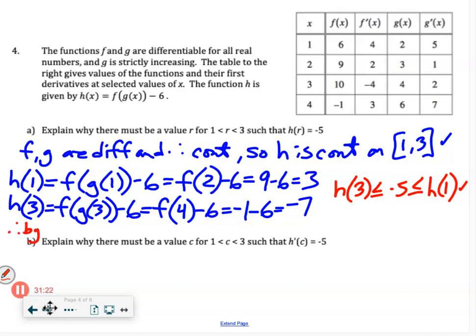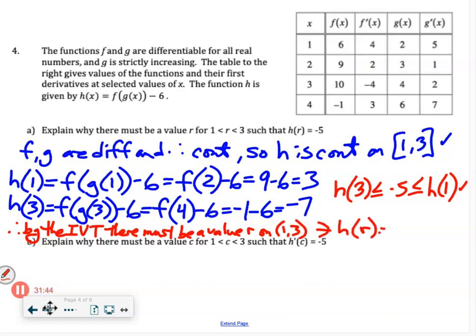Therefore, name the theorem by name, or I don't accept the conclusion, by the IVT, and then you just rewrite the question. There must be a value R on 1 to 3 such that h of R equals negative 5.